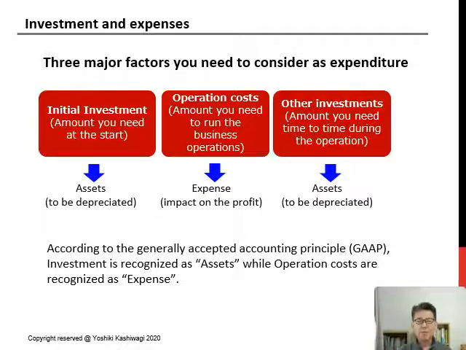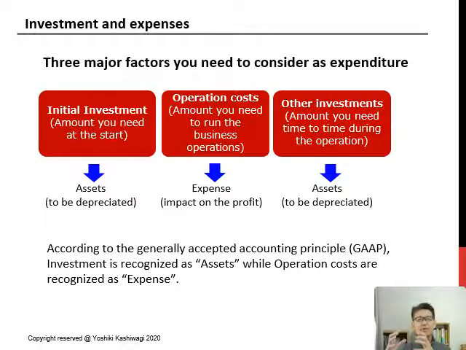And how you recognize the amount as an expense in profit and loss, we are going to talk about later. And if you pay something to run your business during the business year, that will be all expenses, which will be recognized on your profit and loss statement. And the last one, if you buy the new machine or you renovate your office, that will be part of your asset.